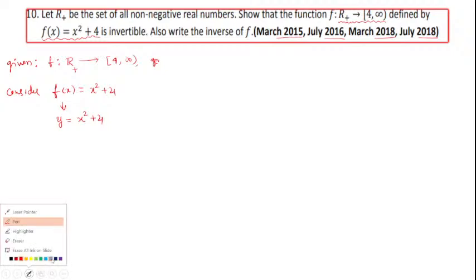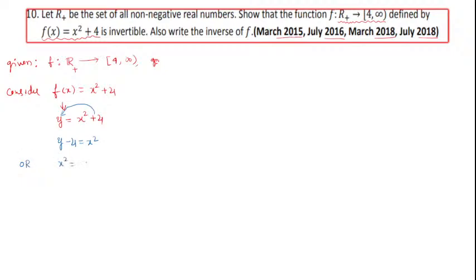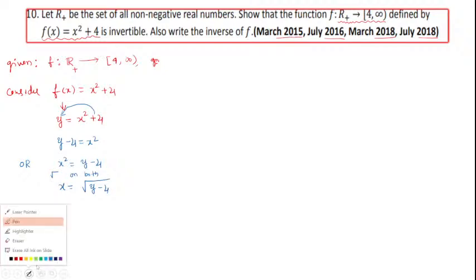See what to do. So y is equal to x square plus 4. If I shift plus 4 here, it becomes minus 4. So y minus 4 is equal to x square, or you can write this as x square is equal to y minus 4. In other words, x is equal to root of y minus 4. Since it is a square, you have to put a square root on both sides. Definitely you will get x equal to root of y minus 4.